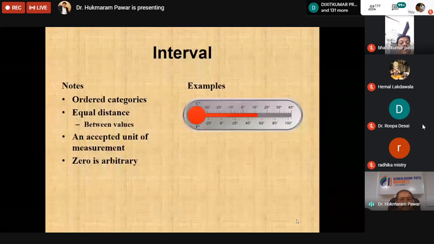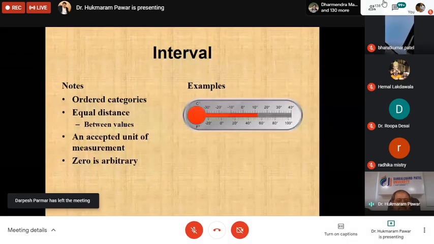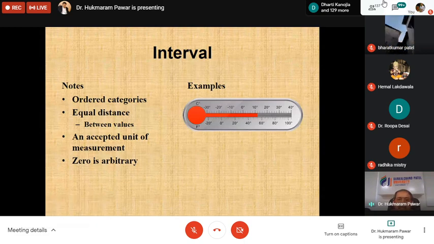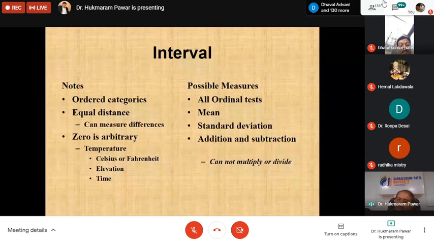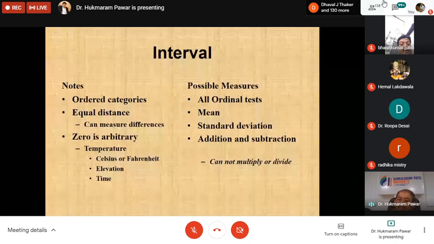Why is 0 arbitrary? 0 is a particular level when you start, but it doesn't mean nothing. For example, 0 temperature doesn't mean there is no temperature. That kind of conclusion cannot arise in this kind of data. That is called interval data. So here the possible measures are all ordinal tests; mean can be calculated here, and standard deviation can be calculated here.